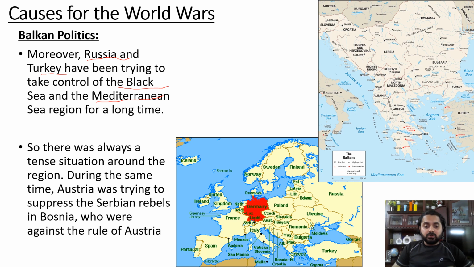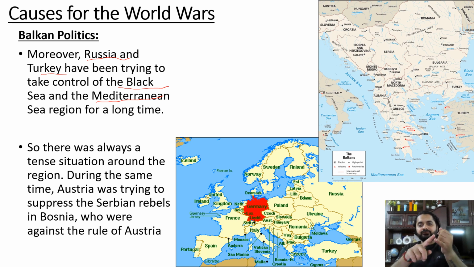During the same time, Austria was trying to suppress the Serbian rebels in Bosnia who were against the rule of Austria. Now, here we need to think about Russia and Turkey, why they were having so much interest in gaining control over the Black Sea and the Mediterranean Sea. Both nations wanted control because these waters were important from a strategic perspective.